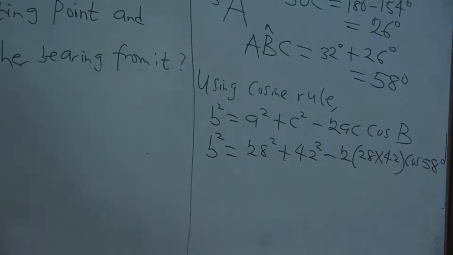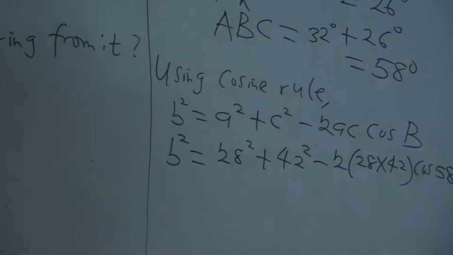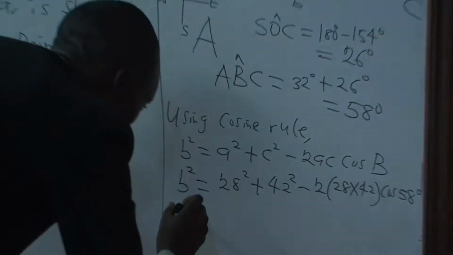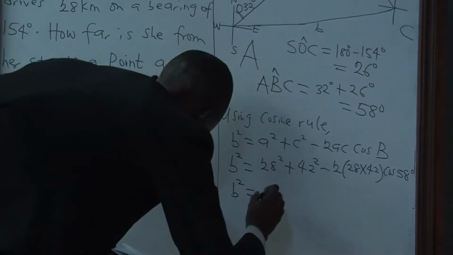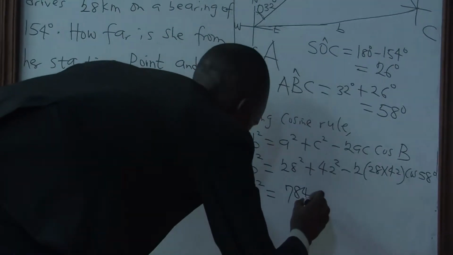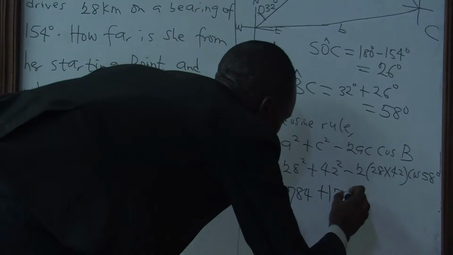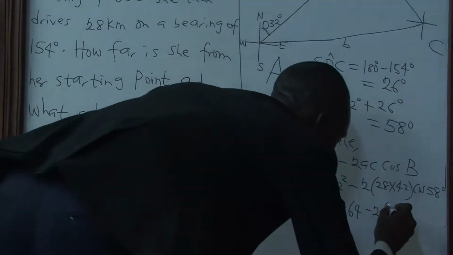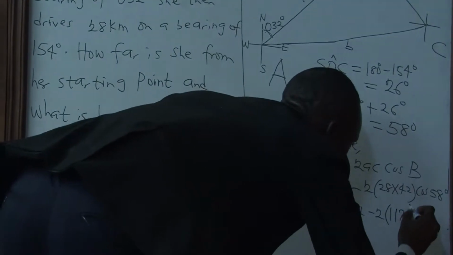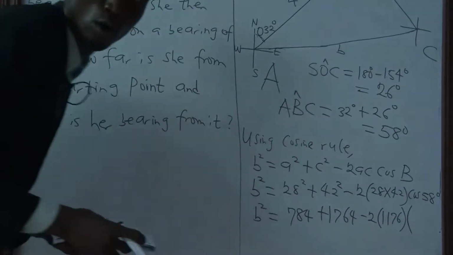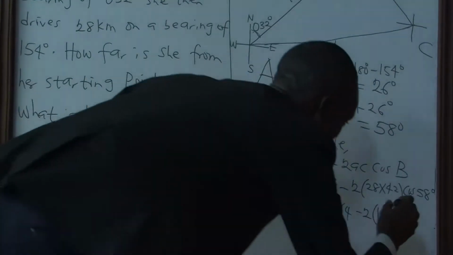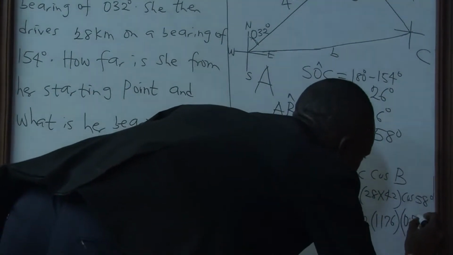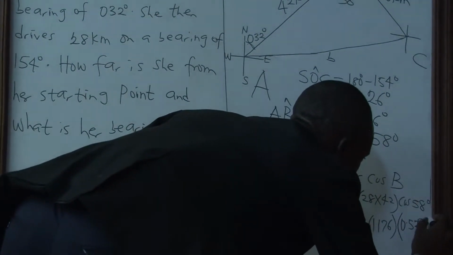By taking the squares, we have b squared to be 784 plus 1764 minus 2 times 1176. Then we check our four figure table for cos 58. We have 0.5299.